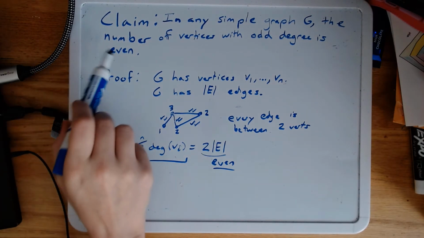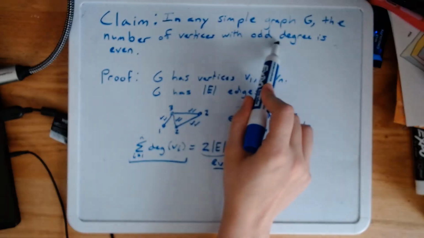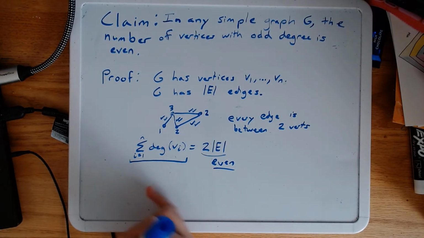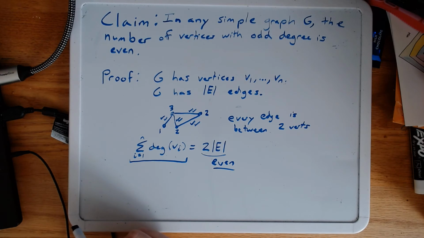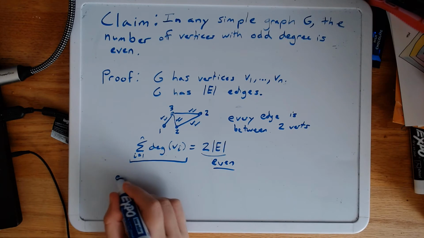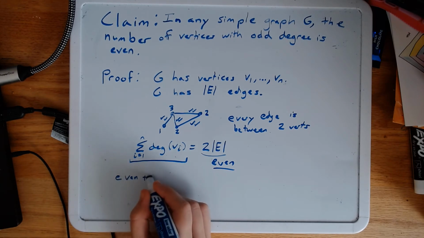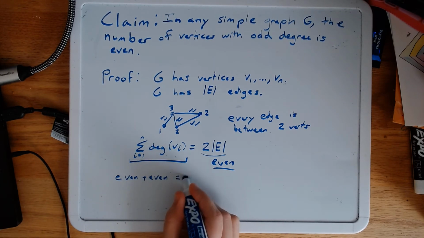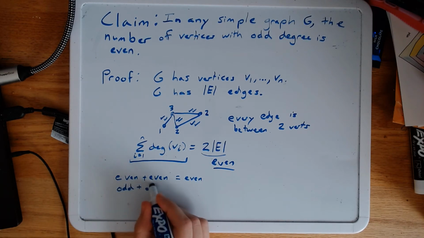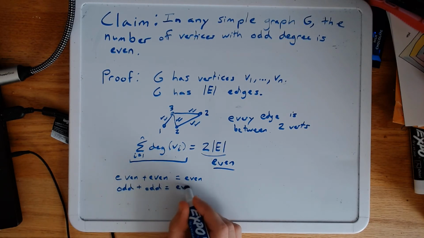Remember, we want to know that the number of vertices with odd degree is even. So how does this help us, right? Well, remember, the sum of 2 even things is even, and the sum of 2 odd things is even.